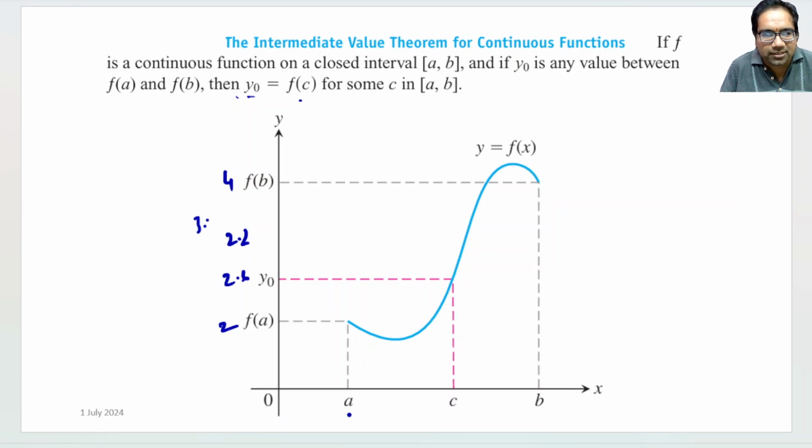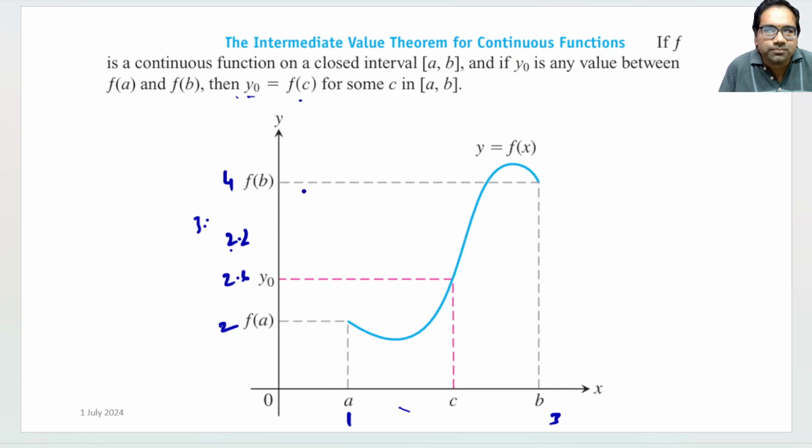Between this a and b, let's say this is 1 and this is 3, then there will be some c between 1 and 3 where, for whatever value between 2 and 4, for example, if you pick 2.2, then there will be some c between 1 and 3 which will give this value of 2.2, right? Or 2.4 or 3.9, whatever.